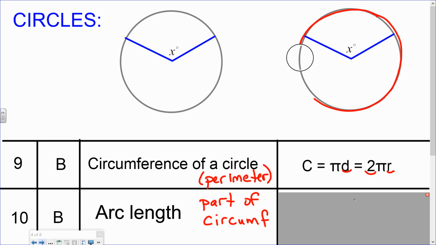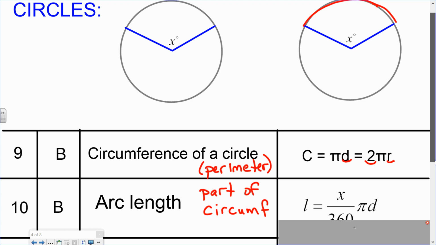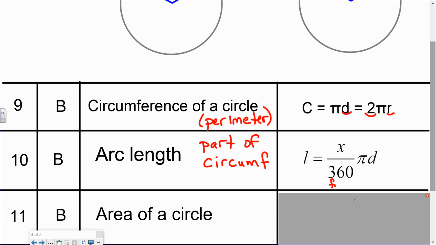Arc length is, well, what if I only go part way around the circle? We've seen in other math problems that anytime we say of, it means times. So we want part of circumference. So part times the circumference, or a fraction times the circumference.